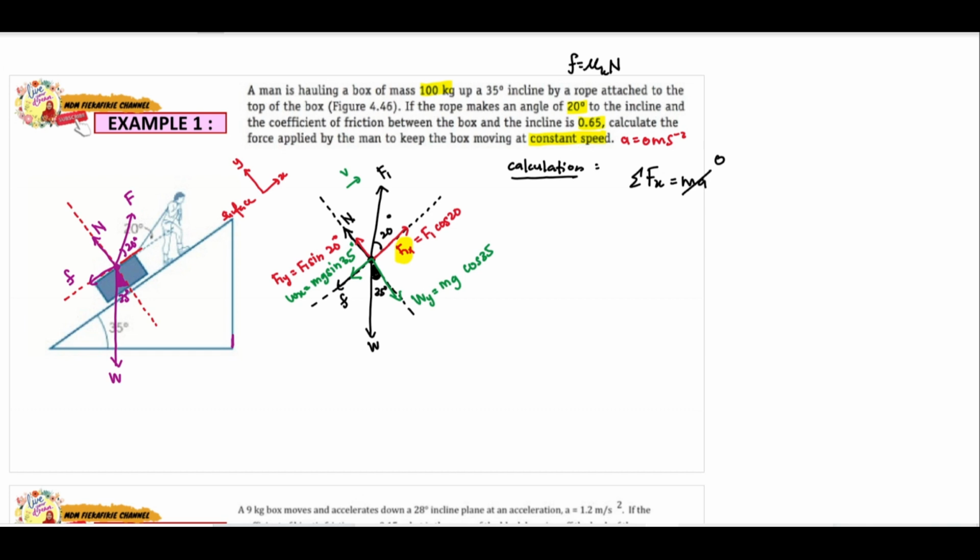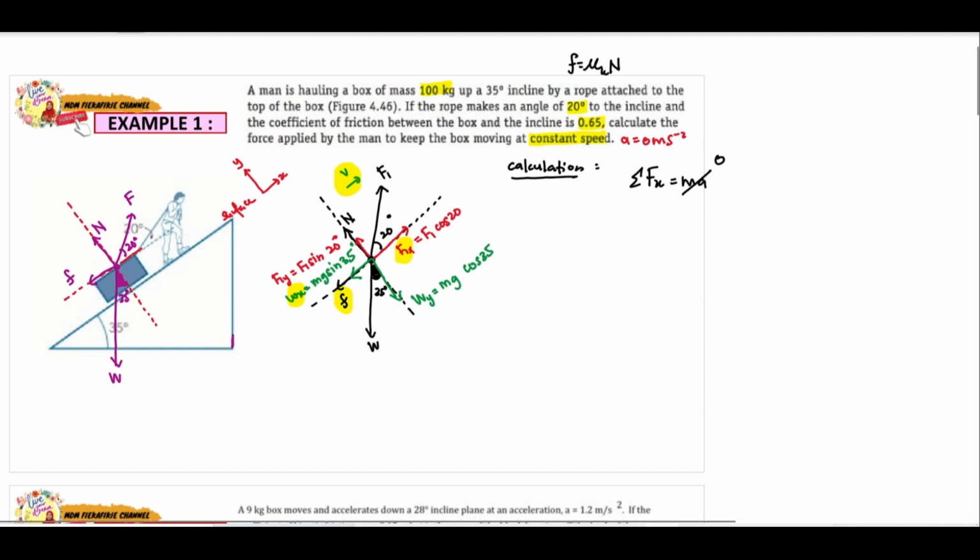Di mana F1x ni same direction dengan V. So F1x akan jadi positif plus negative WX plus negative friction. Okay, so hanya ada 3 sahaja force in X component yang warna kuning tersebut.